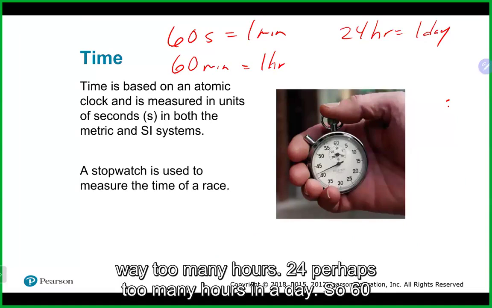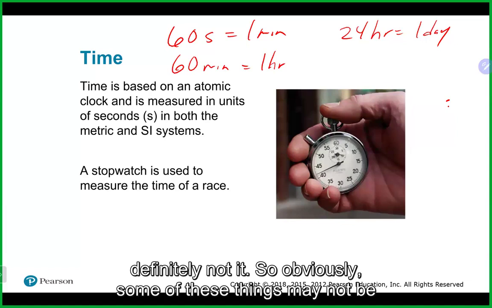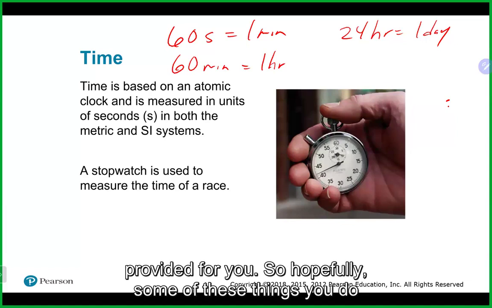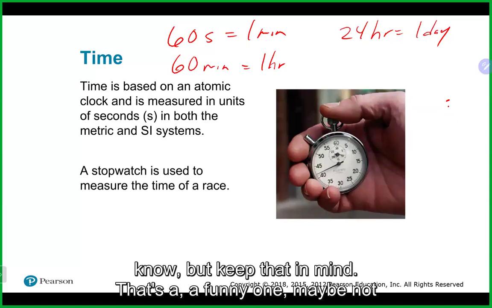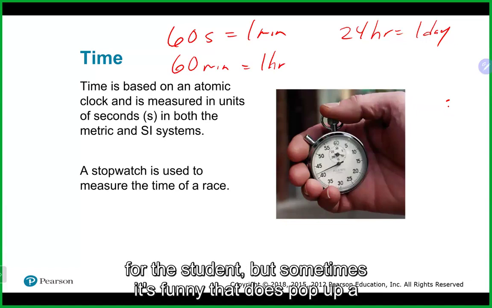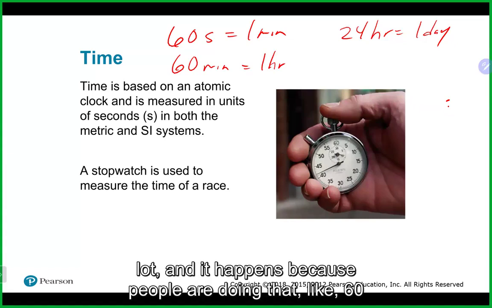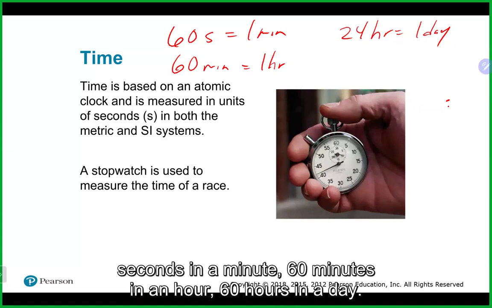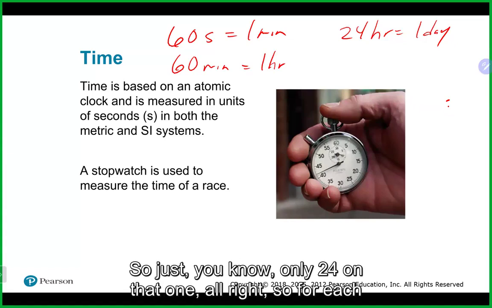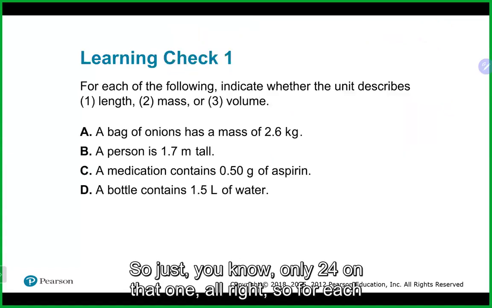That's way too many hours. So 60, definitely not it. So obviously some of these things may not be provided for you, so hopefully some of these things you do know, but keep that in mind. That's a funny one, maybe not for the student, but sometimes it's funny. That does pop up a lot, and it happens because people are doing that: 60 seconds in a minute, 60 minutes in an hour, 60 hours in a day. So just, only 24 on that one.